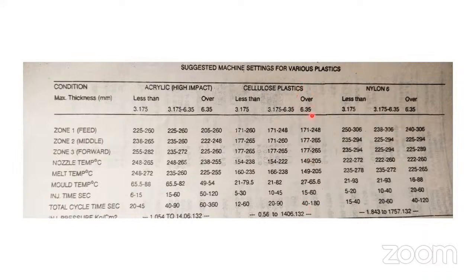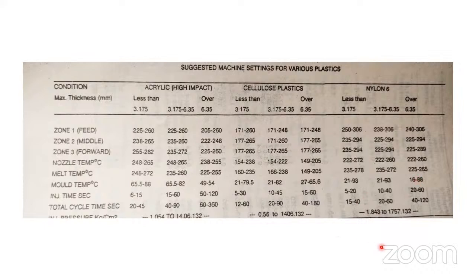See nylon 6, less than 3 mm, see the temperature here: zone 1, zone 2, zone 3, nozzle, melt temperature. And see here, at a thickness of more than 6 mm, again it somewhat decreases as compared to the first one. Now see here, the cycle time also increases.